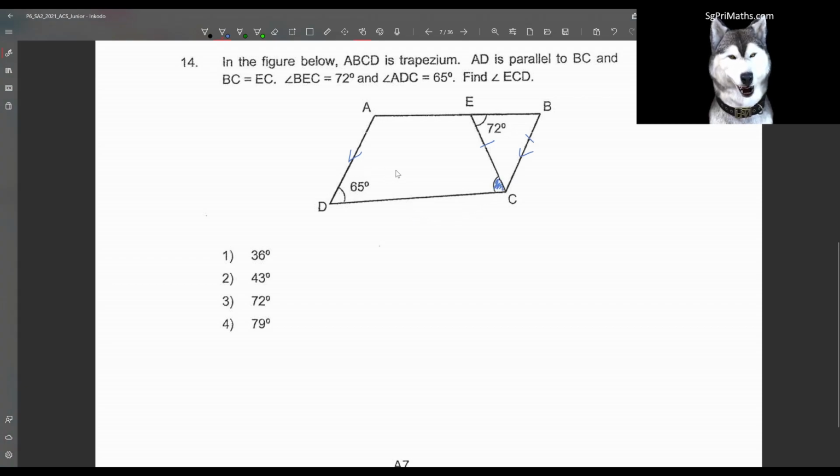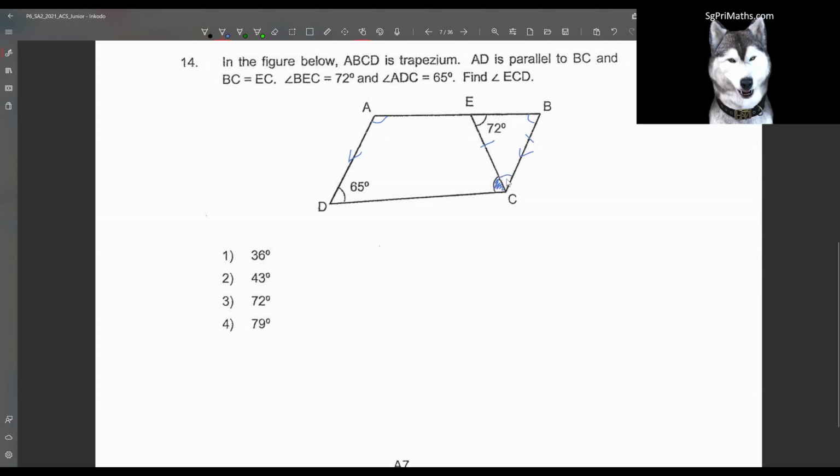The property of a trapezium is that the angles between the parallel lines, so like this angle here and this angle, add up to 180 degrees, or this angle here and this angle here add up to 180 degrees. We're going to find this angle. One way is that we can use 180 degrees minus 165 and minus this angle over here to give us this angle.